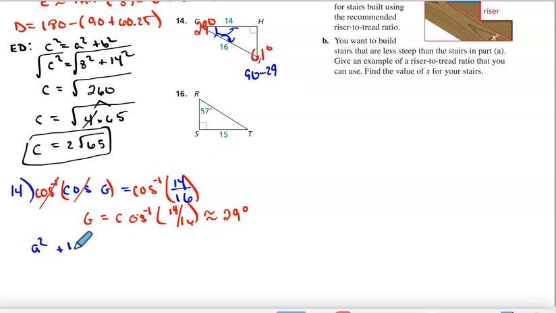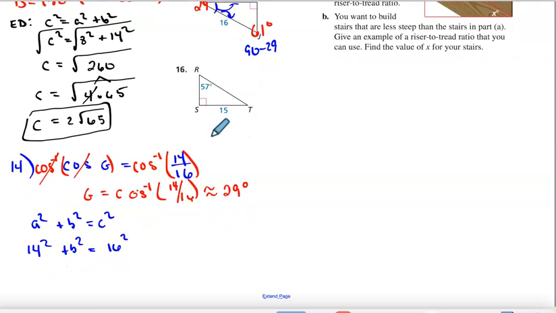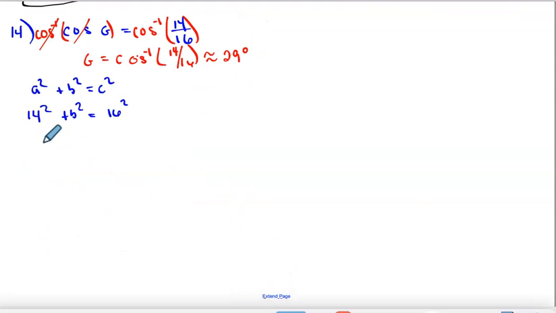And then I'm using my Pythagorean Theorem again. A squared plus b squared equals c squared. I have a squared. I don't have b squared, but I have c squared. So b squared equals 16 squared minus 14 squared.